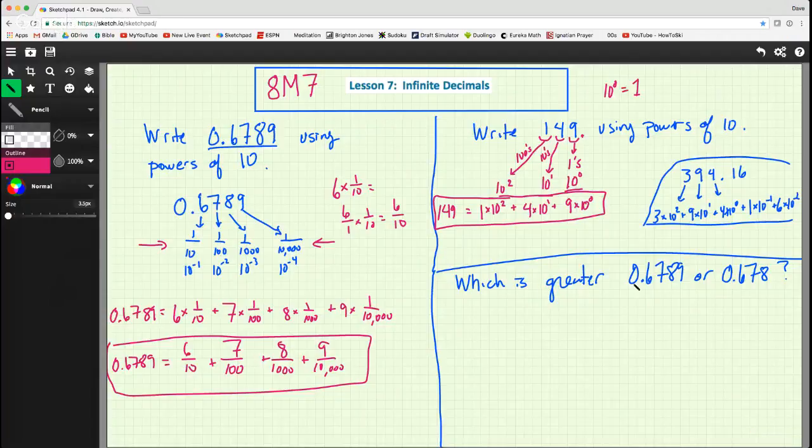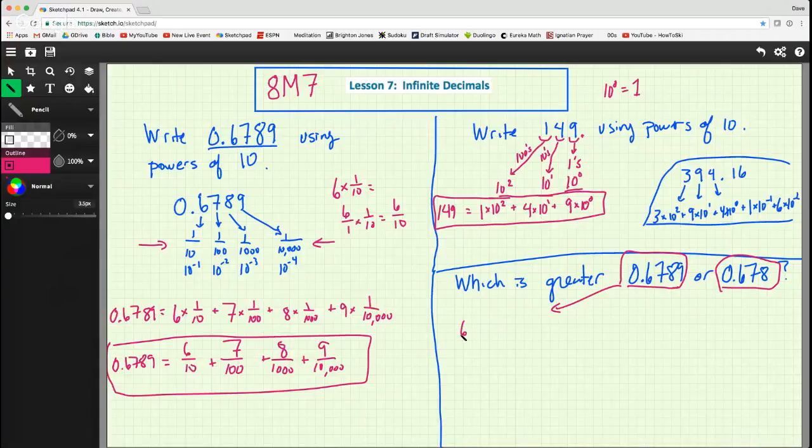Okay, so just to make sure we understand, let's answer this question. Which is greater, this number, 0.6789 or 0.678? Which one's greater? Well, let's look at it. This one we know, we just wrote that one.